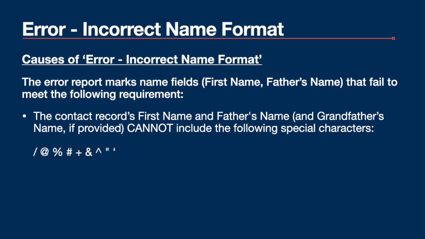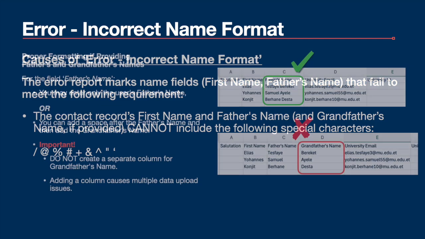This is also listed on the upload page, but you're looking at a forward slash, the at symbol, percent sign, number symbol, plus sign, ampersand, the upper caret, and the quotation and apostrophe. If the name contains any of these special characters, that will bring up the flag for incorrect name format.